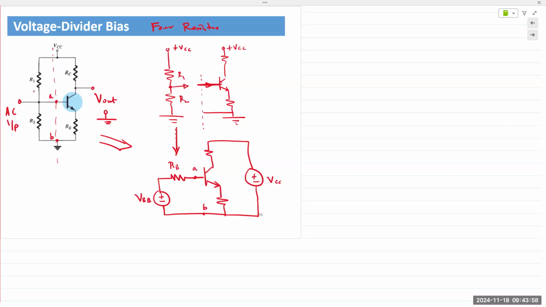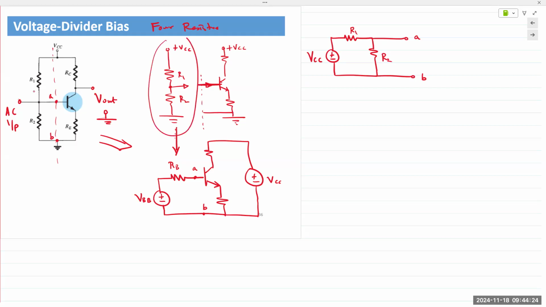And so if I was to redraw the circuit, I would say VCC being applied, R1 and R2. And these are my points A and B. Again, I'm simply redrawing the circuit. I'm not changing anything else, okay?